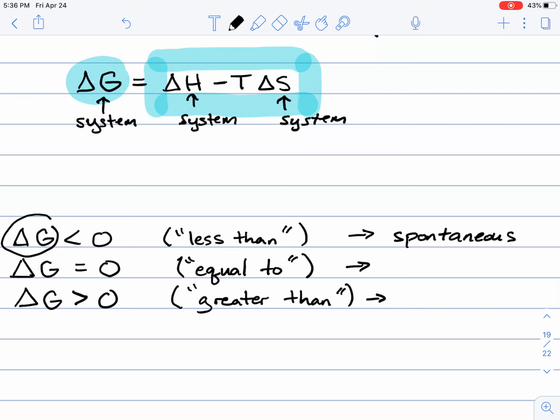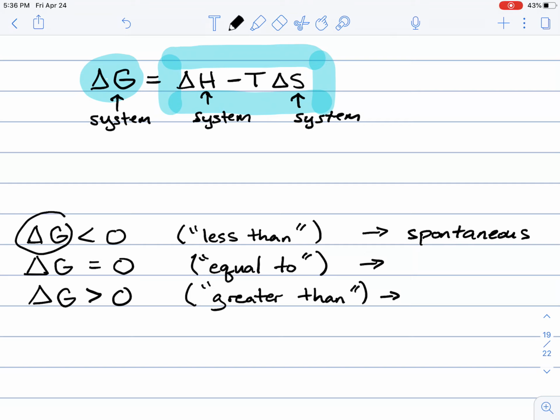But if your calculation for enthalpy and change in entropy is for the reverse direction, then the change in Gibbs free energy would also reflect that for the reverse. And so once again, it's important for us to understand that the change in Gibbs free energy only tells us if it's spontaneous or non-spontaneous. The direction is dependent on the perspective.